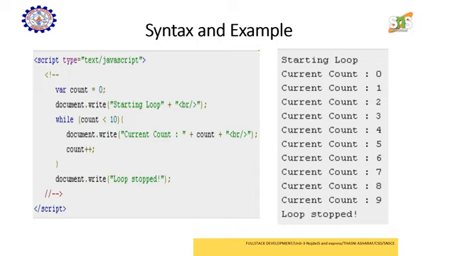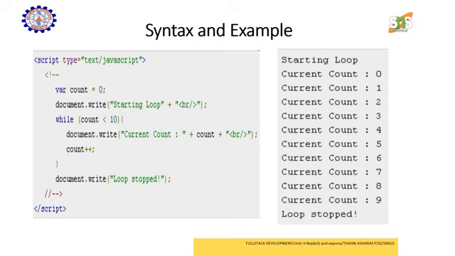So the syntax and my example will be like this. My document will print "Starting loop". While the count is less than 10, it will print the current count, then be incremented with count plus plus. Else the loop will be stopped. This will be my output for this program.